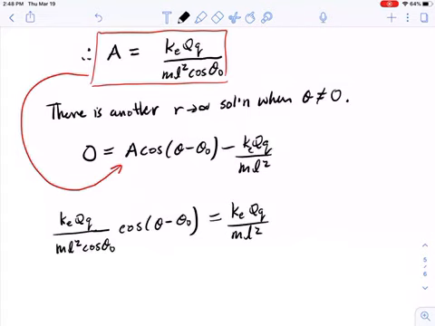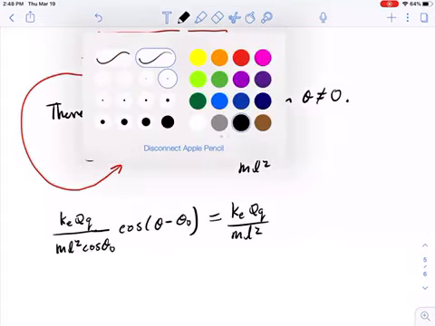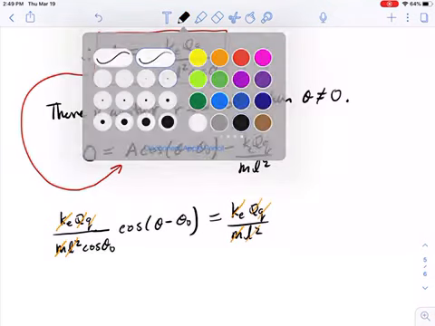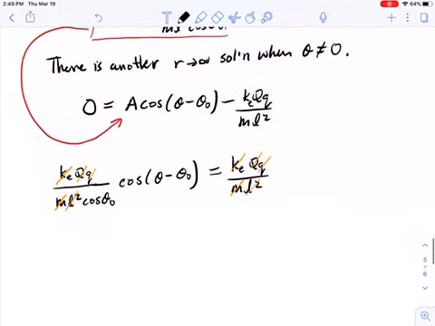I should put a little subscript, that's Coulomb's constant. And so everything cancels. Okay, so that's nice. Therefore, the condition for R goes to infinity is cos of theta minus theta naught is equal to cos of theta naught.